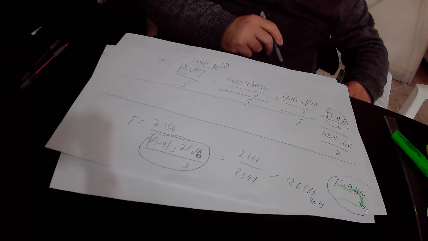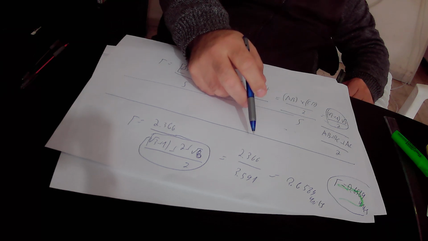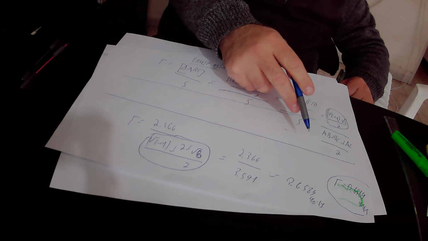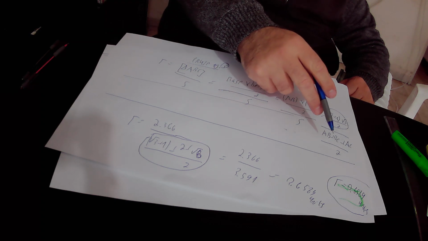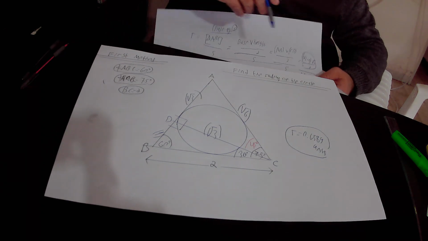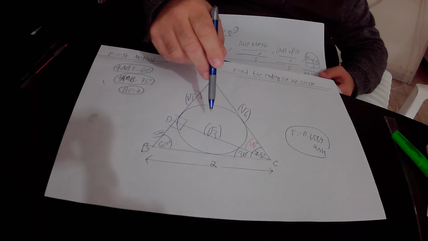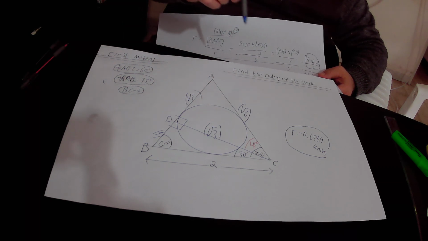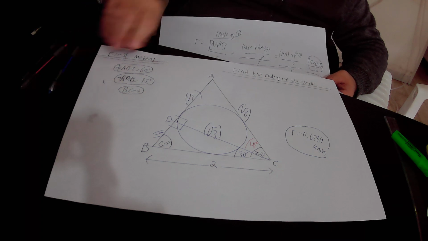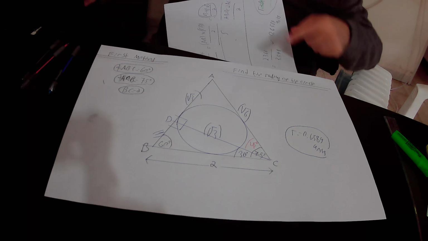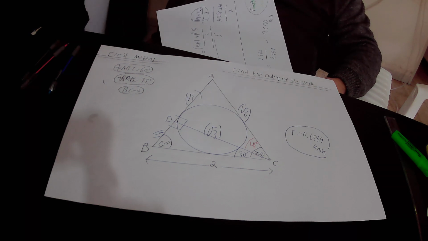So in conclusion, we found out that the radius R equals 2.366 over 3.591. That's actually 0.6589 units. So we found out that according to the first method, the radius R of this circle equals 0.5689 units. We finished with the first method. Then I presented to you how to find out the radius of this circle according to the second method.